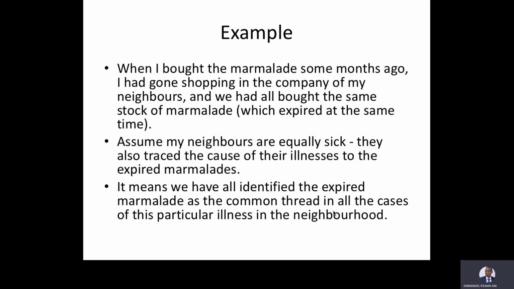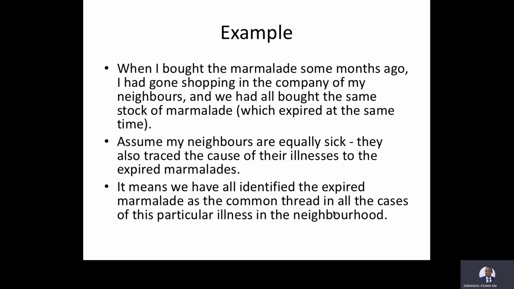So the usual thing is to start by investigating to find a relevant difference, and then if you find it, you then seek to confirm if it's also a common thread that runs through other cases that are similar. So that's how the two of them work. They often work hand in hand.